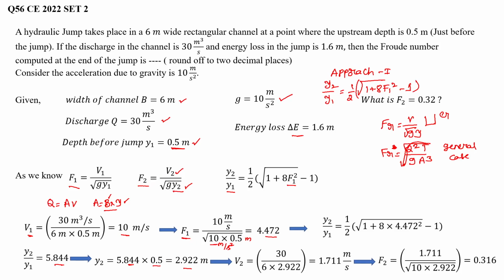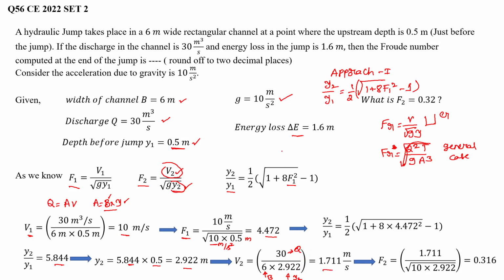Now, to calculate this F2, we got the value of y2 from this relation. Now our aim is to calculate V2. How can we calculate V2? Again, V2 equals the discharge divided by the width, and the width will be the same before and after the jump; only the depth will change, y2. So we substitute Q divided by B into y2, and by doing that we get the velocity.